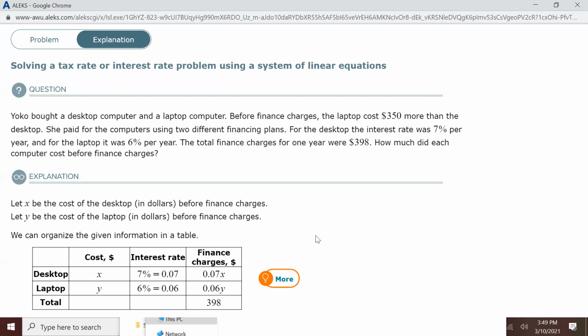It's not necessary, but it is nice. So the costs are x and y. The interest rates are 0.07 and 0.06. And therefore, multiplying those together, we get the finance charges of 0.07x and 0.06y, which all adds up to $398.